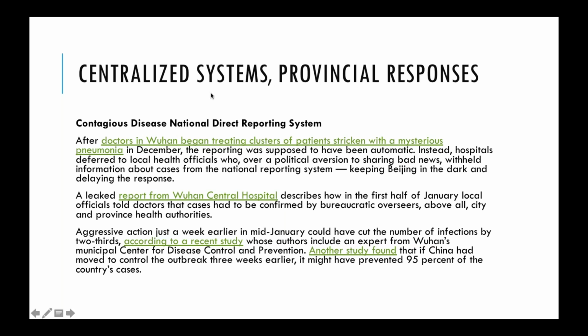One of the important things we need to pay attention to is that after the SARS crisis in 2003, and with increased Chinese capacity and also consciousness about contagious diseases, the Chinese government has put in place what is called the Contagious Disease National Direct Reporting System, which is a reporting system that is connected to the hospitals down to the lowest level in the country.